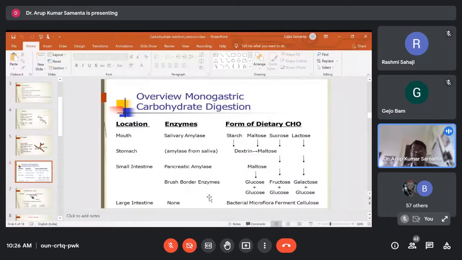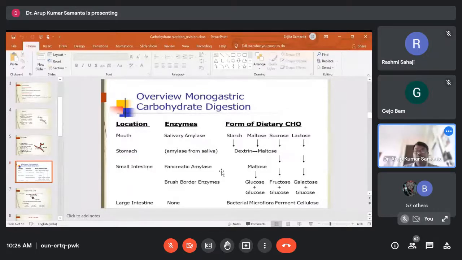But mostly it is the mouth with salivary amylase, then in the small intestine pancreatic amylase and the disaccharidases. So what will be the end product of carbohydrate digestion in non-ruminants? It is the sugar units, that means glucose, fructose, galactose.